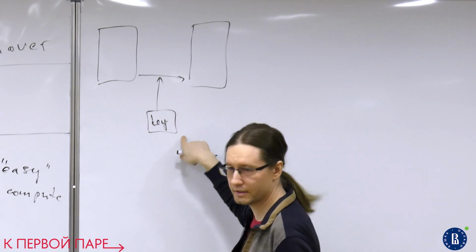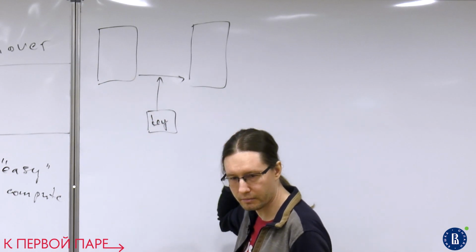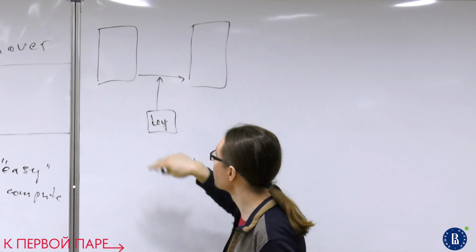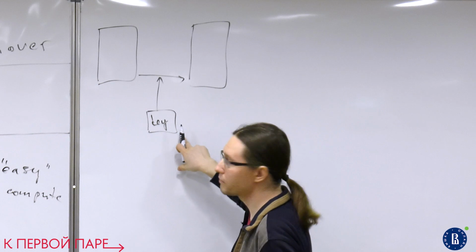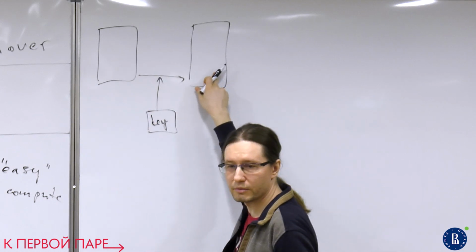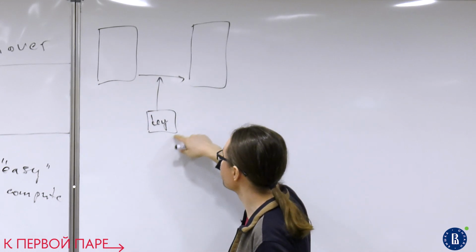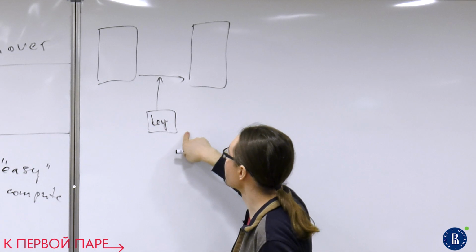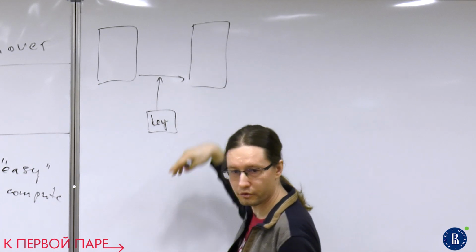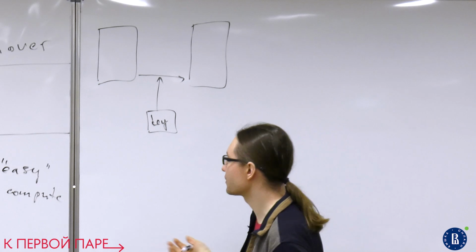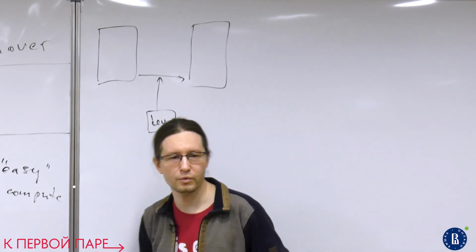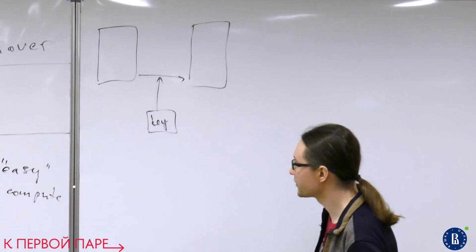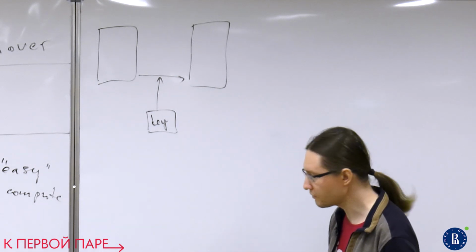But if you don't know this key, it's very hard to apply the map. And this is the idea of how to encrypt and decrypt information. If you know some secret information, you can do some operation very quickly. But if you don't know this information, the only option for you is brute force. And if there are 10 to the 10 to the 10 to the 10 elements, there is no way to do it using brute force. So this is the basic idea.